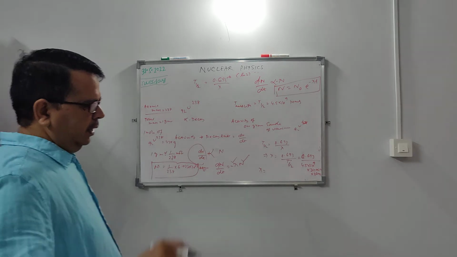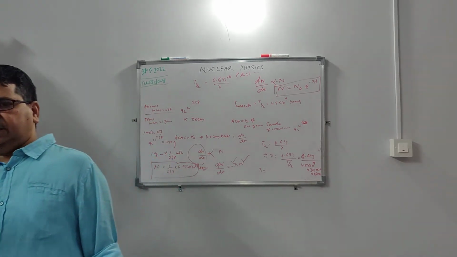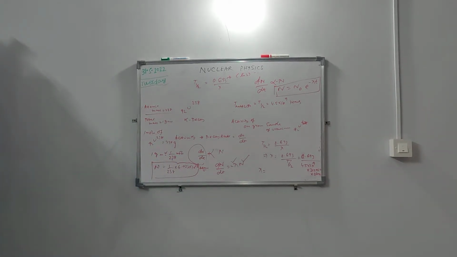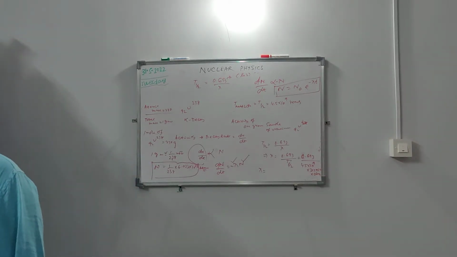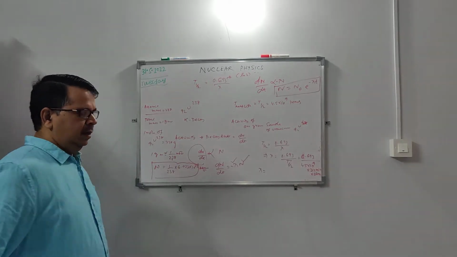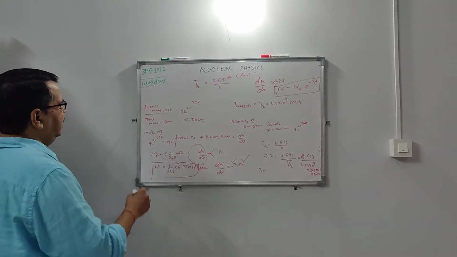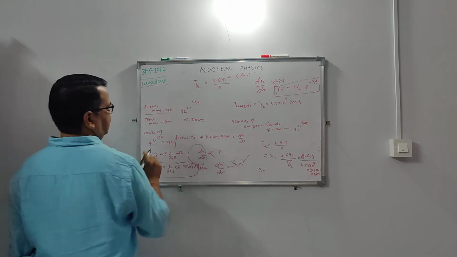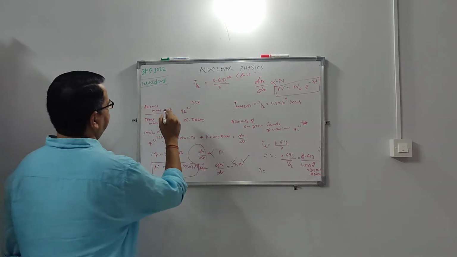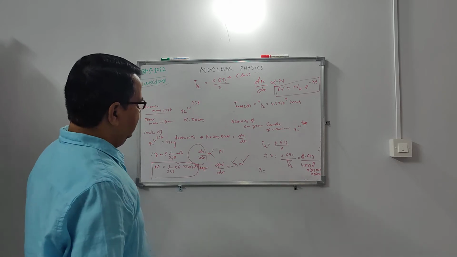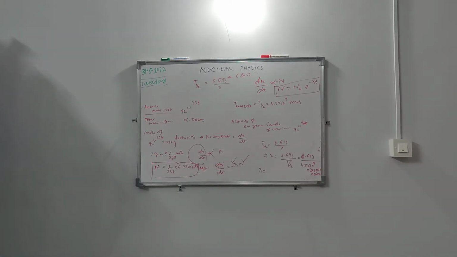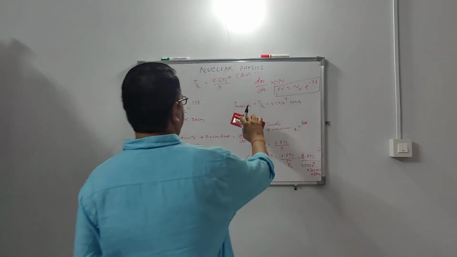In a parabolic, which is nothing but your quadratic equation, it is a square. And in cubic it will be the cube of this. So how does it look like in exponential?